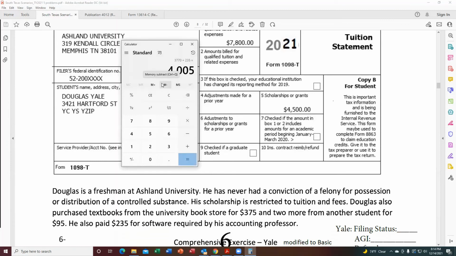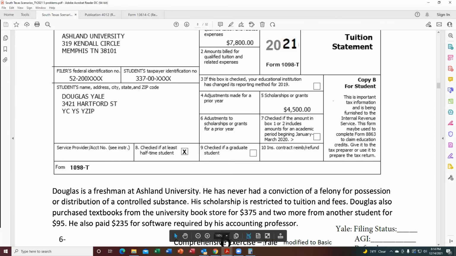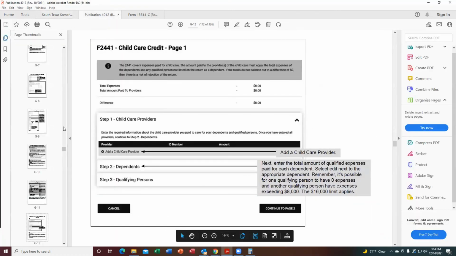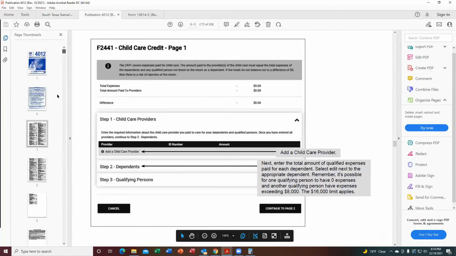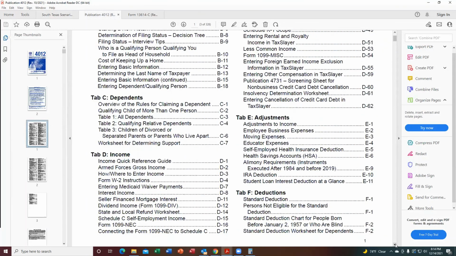So we're looking at 4,005 of education expenses. So I'm gonna come back. Okay, so I'm gonna come back for my 4012. Education expenses.